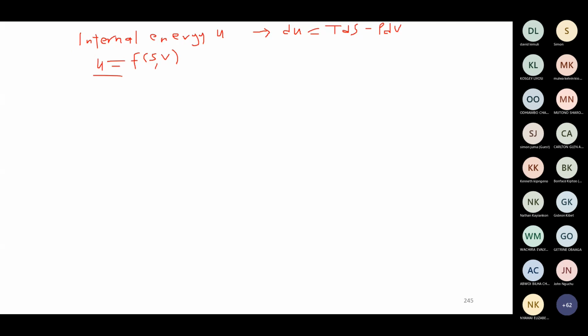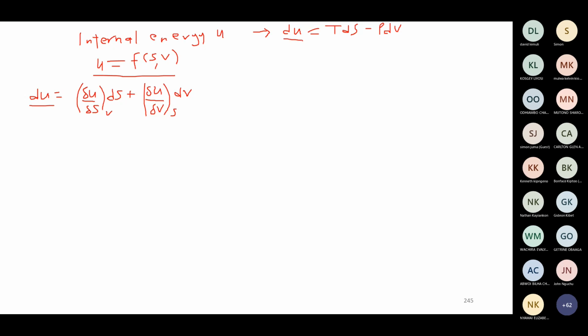But now if you consider that U is a function of these two variables, the differential for dU from our previous general expression is going to be given by (∂U/∂S) with V constant dS plus (∂U/∂V) with S constant dV. Now all these are expressions for dU.